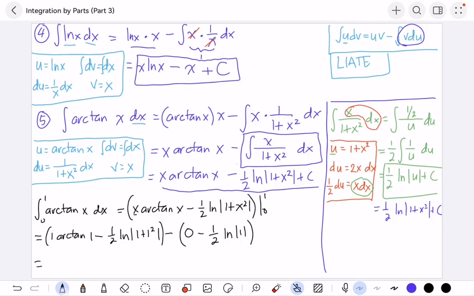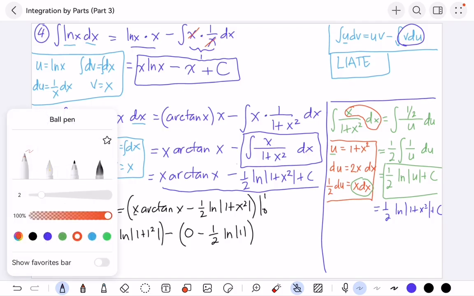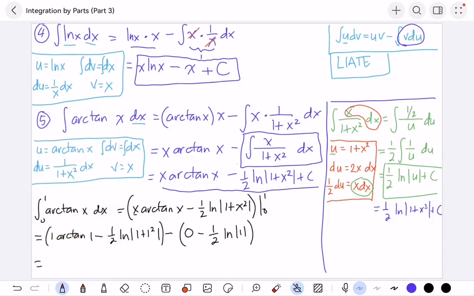Okay, so note that arctan of 1, that is, tangent inverse of alpha is equal to 1, so this is pi over 4, minus this part here, which is ln of 2 over 2. This is 0, since ln of 1 is 0. So this is now our final answer.